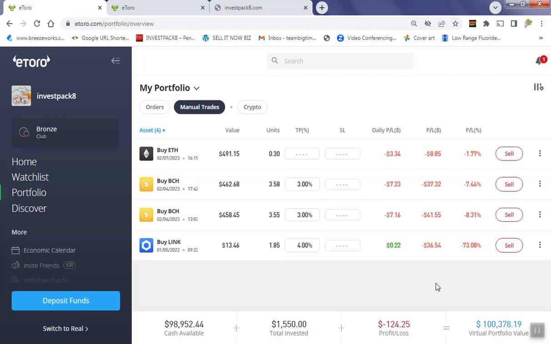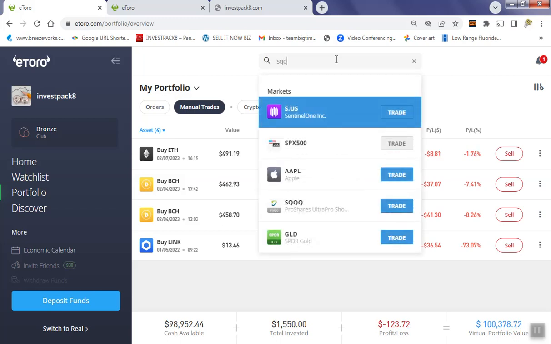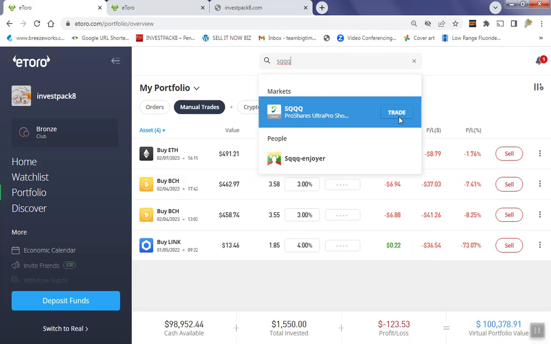So what I want to do, let's say if I want to invest some more, I will go to the watch list, or I can type in SQQQ. I'll trade that.